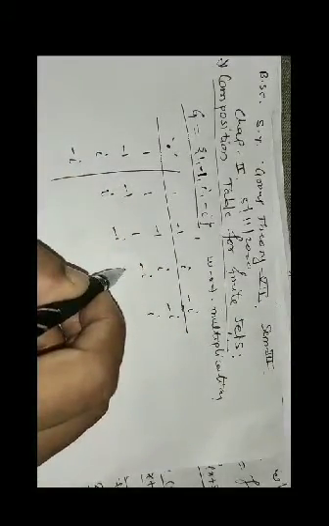Then i into 1 is i, i into minus 1 is minus i, i into i is i square, and i square is minus 1. Then i into minus i is minus i square, and i square is minus 1, so we get plus 1.